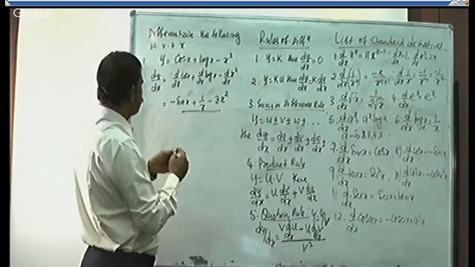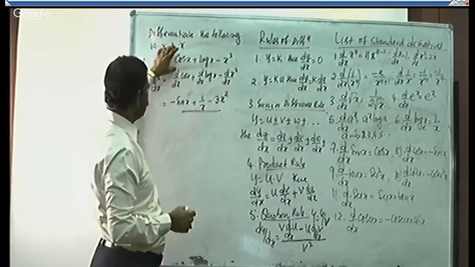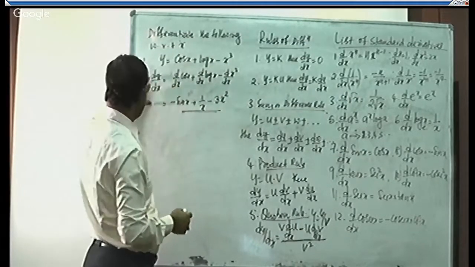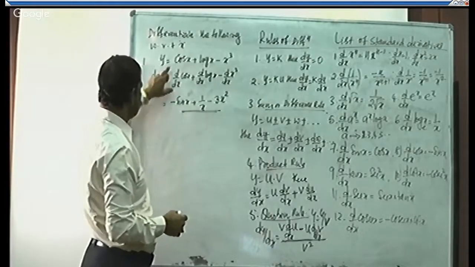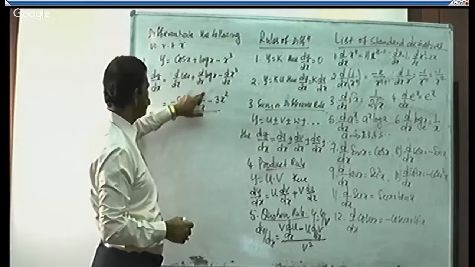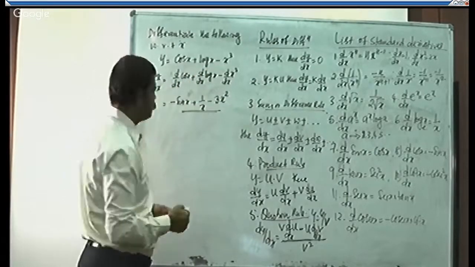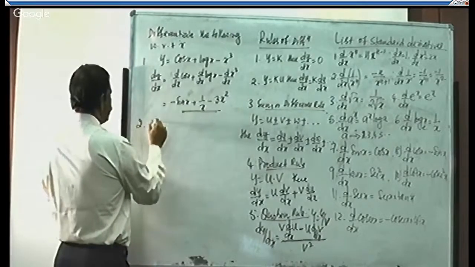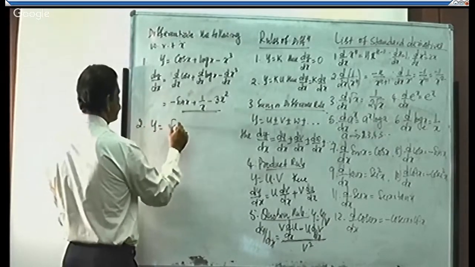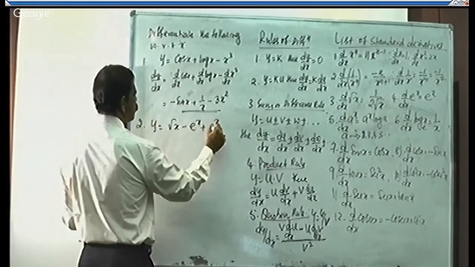So in the exam, this step is not compulsory. You can write directly: dy by dx is equal to differentiation of cos x, which is minus sin x, plus differentiation of log x, which is 1 by x, minus differentiation of x cube, which is 3x square. Next, y is equal to root x minus e power x plus a power x.